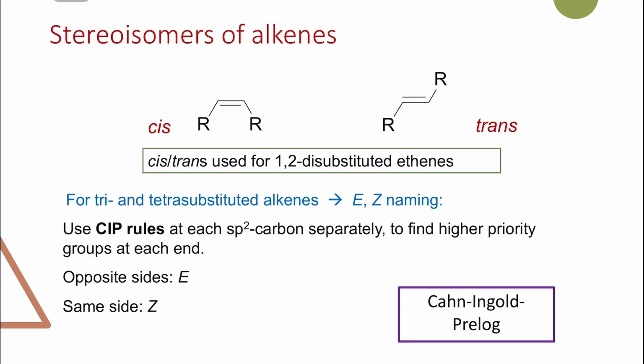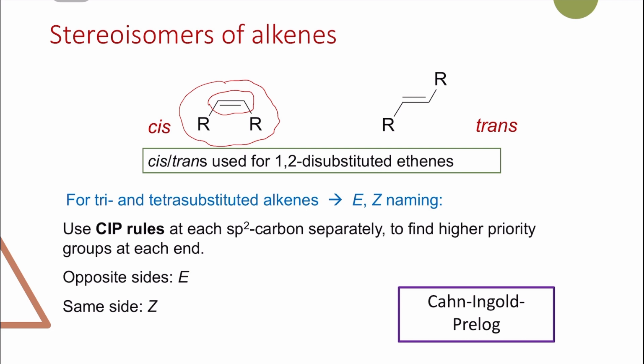The stereoisomers of alkenes come from the different arrangement of the different substituents around the double bond. So we will only have stereoisomers of alkenes when we have different substituents around the double bond. An example of that, if we have an alkene like this one, when we are looking at the stereoisomers, we are only looking around the double bond.